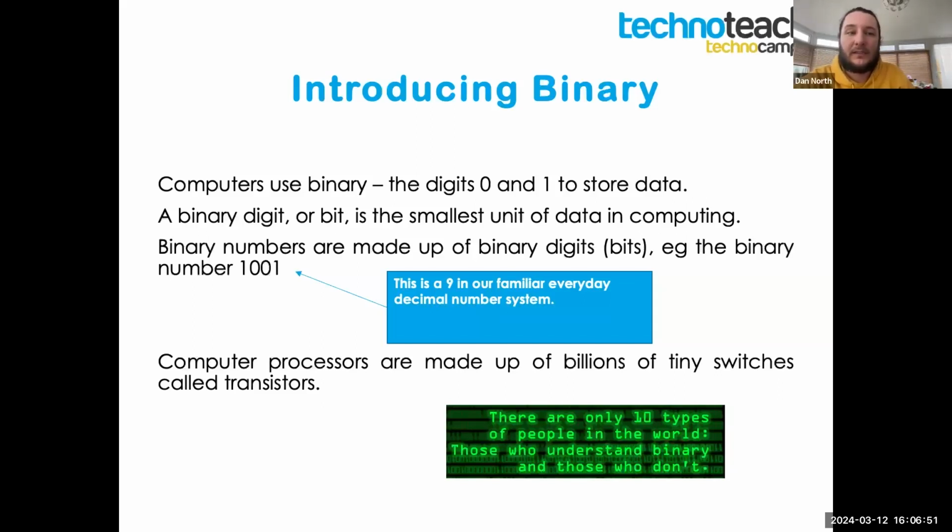We looked at this previously with Python, and I think we may have even touched upon it in Scratch, the idea of these true, false, on, off, 0, 1 concepts. And that really takes its core in binary. And therefore, binary numbers are made up of binary digits. So, for example, the number 1001 in binary is 9 in decimal. And so we'll have a look at why that is.